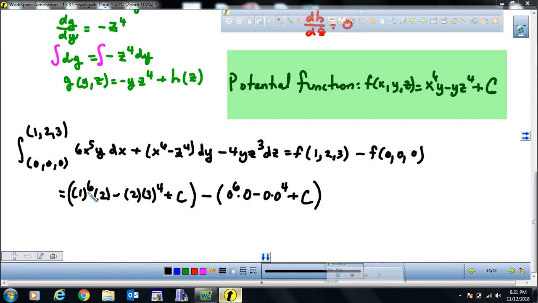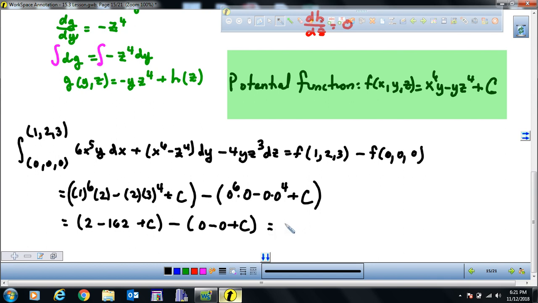Okay. Now evaluate this. This will be 2 minus 81 times 2 would be 162, plus c minus 0 minus 0 plus c. That's going to give us negative 160 plus c minus c, which is negative 160.